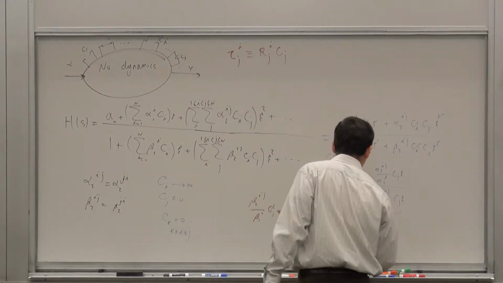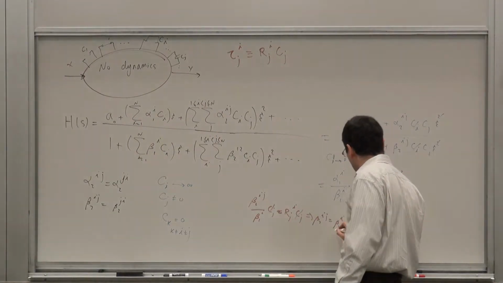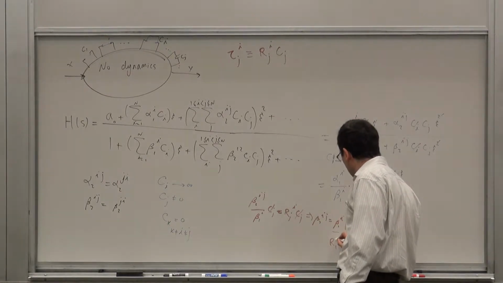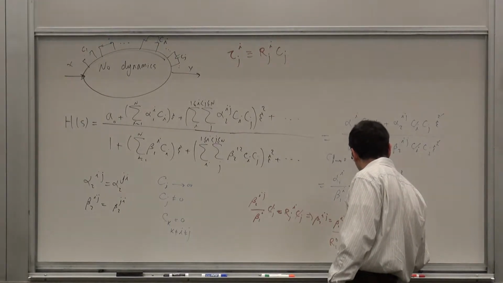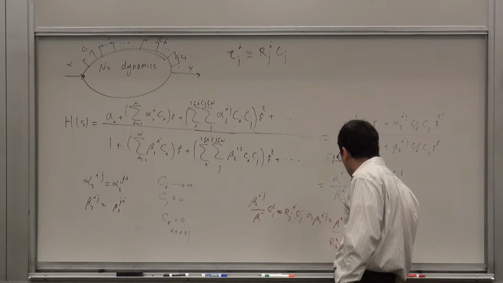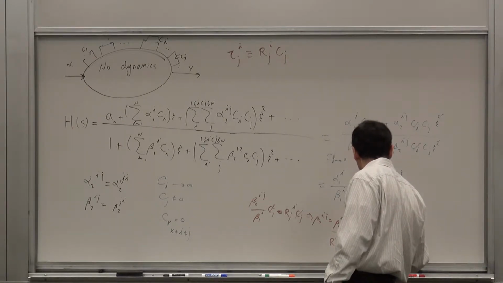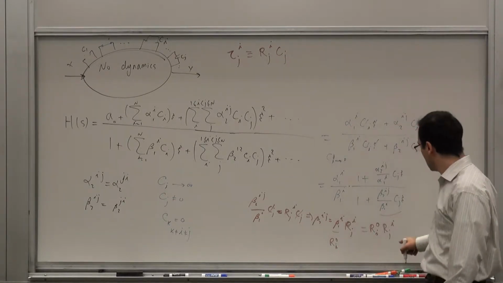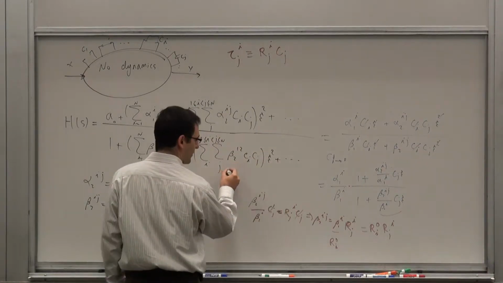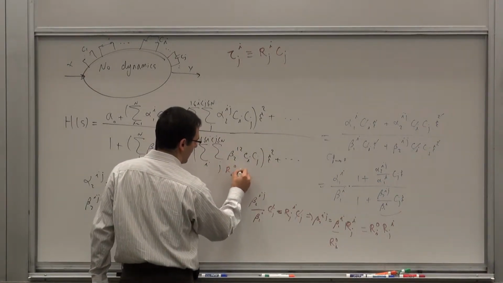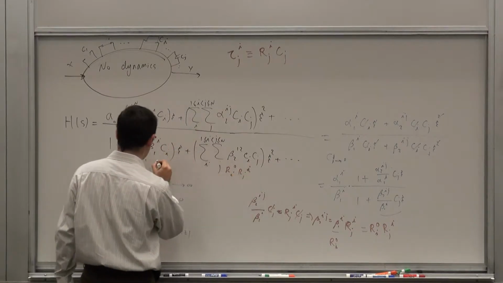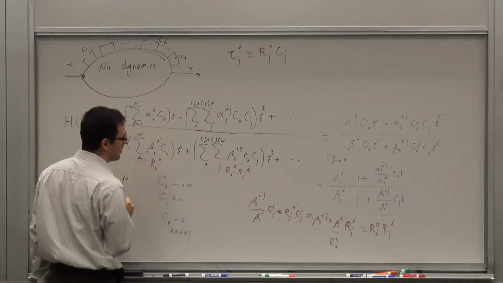That's how we determine the zero value time constants. So these are simply Ri0, Rji. If you plug it in here, you will see that therefore this is Ri0, Rji, and this is, of course, Ri0.